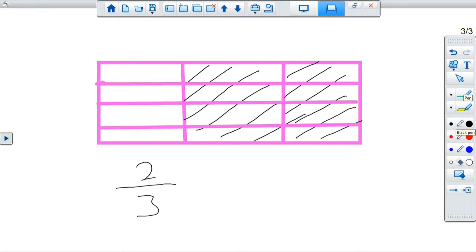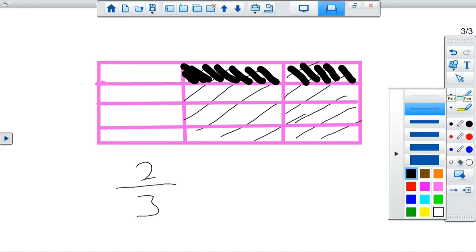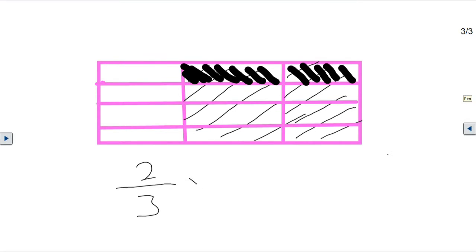So now we can see that, I'm going to select, this will be my piece, so I get 1/4 of it. These will be my pieces here. If we look at that, we can see what's going on. If I count all of the pink rectangles, I see that there are 12 total.